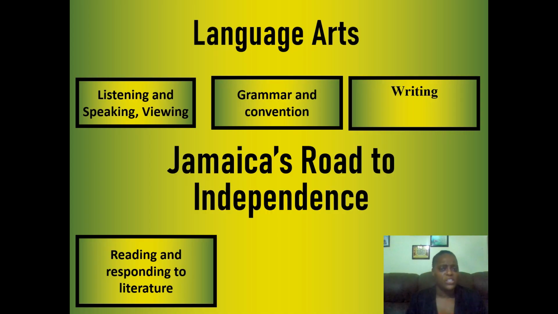The title of this unit is Jamaica's Road to Independence. That sounds like a social studies topic to me. Yes, social studies. However, these will not be social studies lessons.